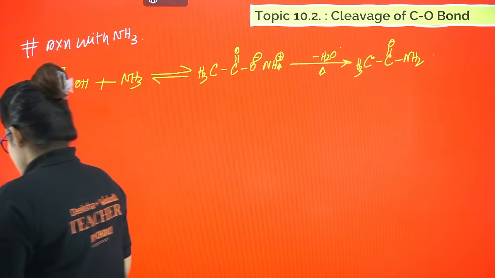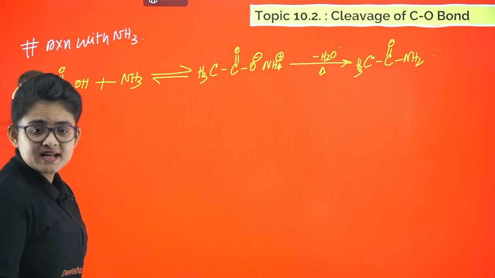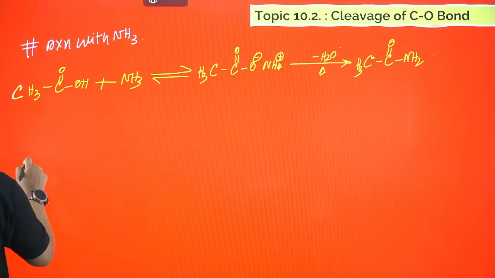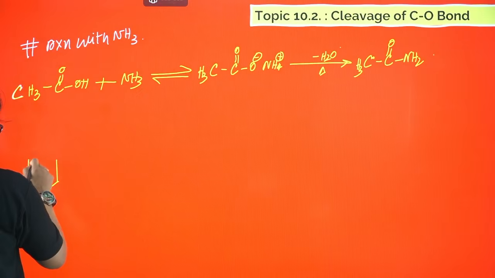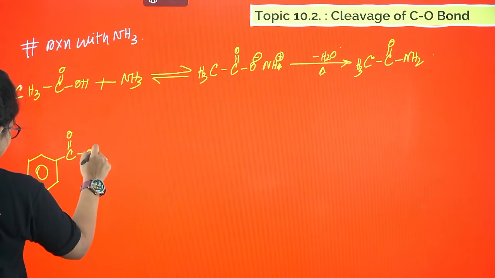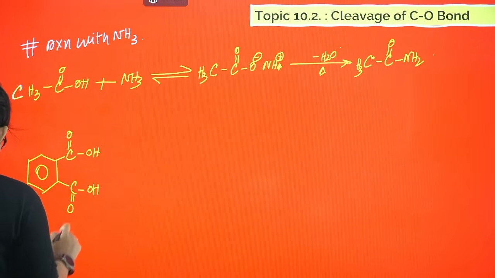The same thing can happen with benzoic acid as well. Now one thing let me show you, if I am having a dicarboxylic acid like this, COOH, here also COOH.